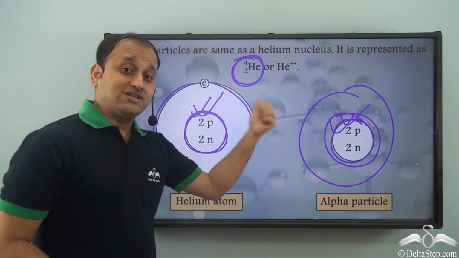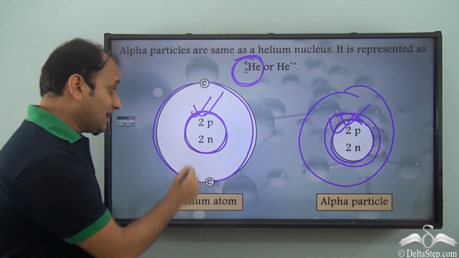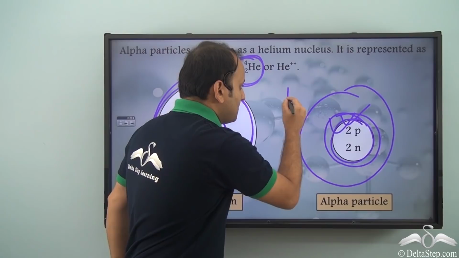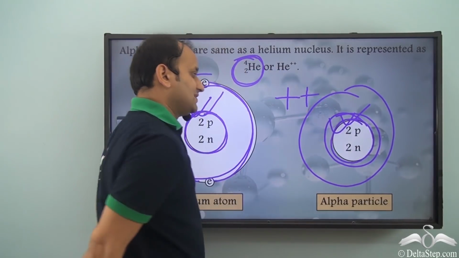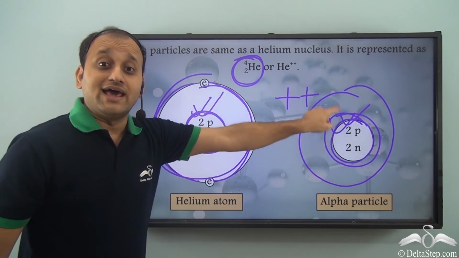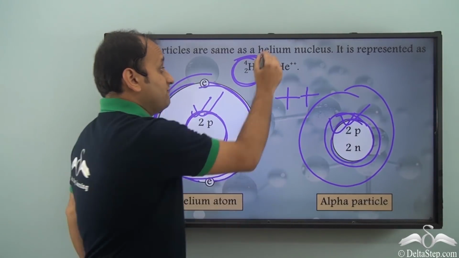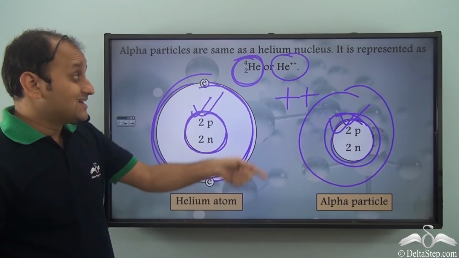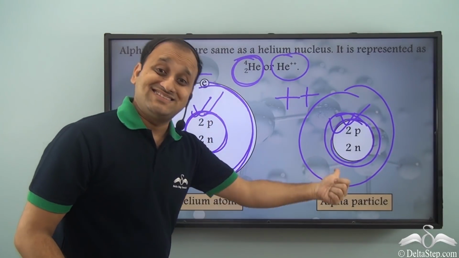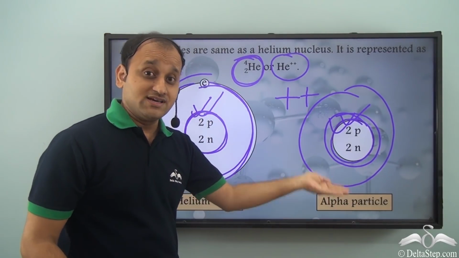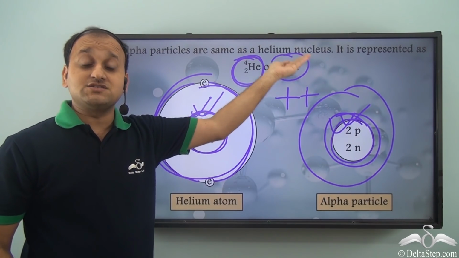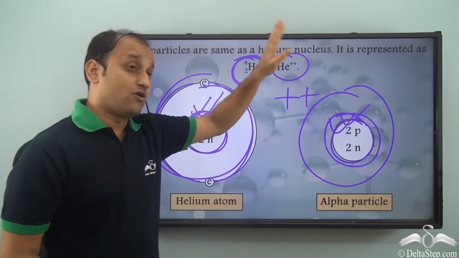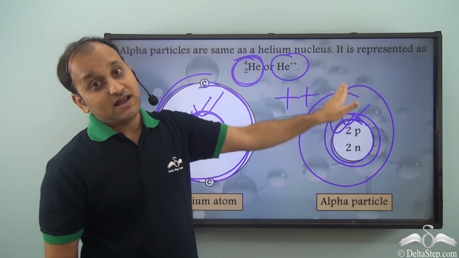So both are helium nucleus, but while this is a neutral atom, this is positively charged, that is, it lacks 2 electrons, and that is why we also write it as helium plus plus. Both are helium nucleus, but one is positively charged because of the lack of electrons, and that's why alpha particles are also written as helium plus plus.